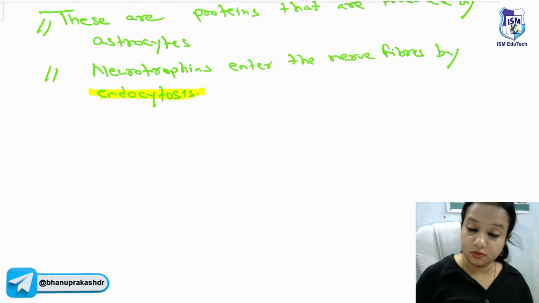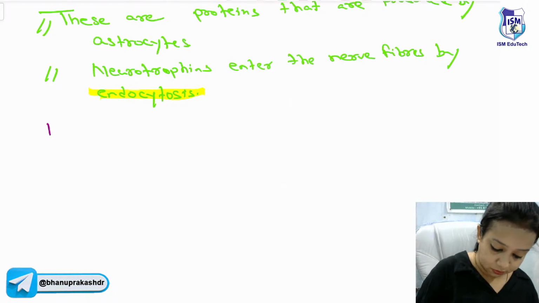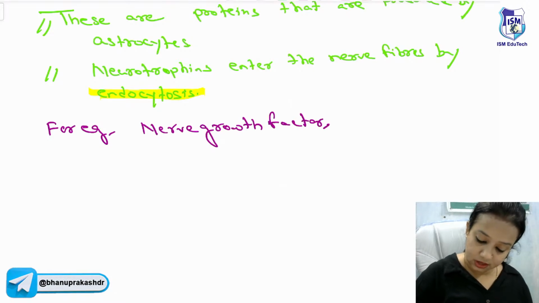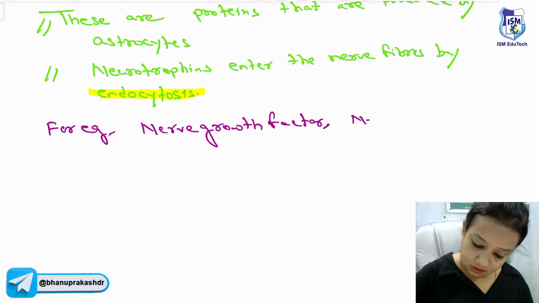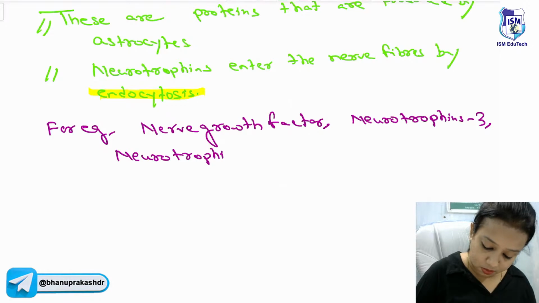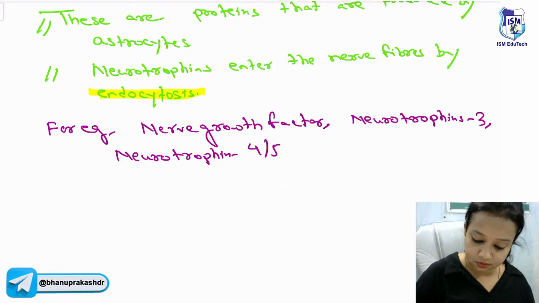What are the types of the neurotrophins? A few names for us to remember. For example, nerve growth factor. Then we have neurotrophin 3, neurotrophin 4 and 5.